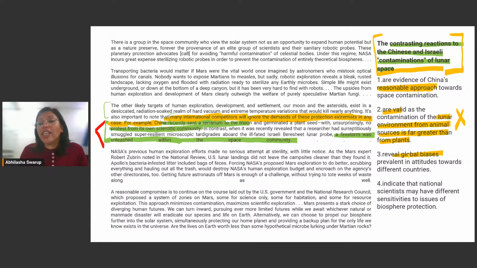So does it really reveal global biases prevalent in attitudes towards different countries? No. They indicate that national scientists may have different sensitivities to issues of biosphere protection. Yes, and this is the correct answer. This is the one that says that different countries have different sensitivities, and therefore there may be different responses. So you pay attention, and 4 becomes the correct answer. Okay, I hope you got that.